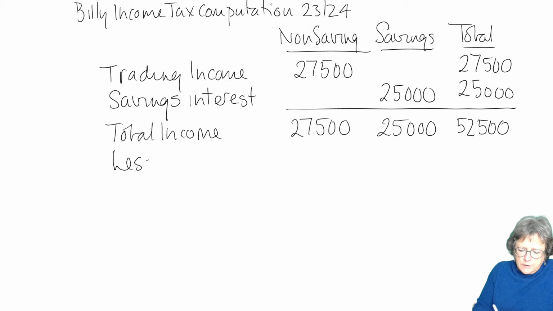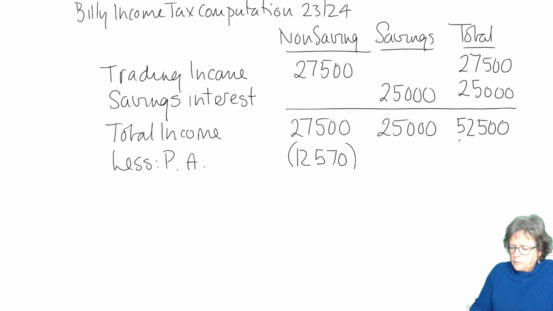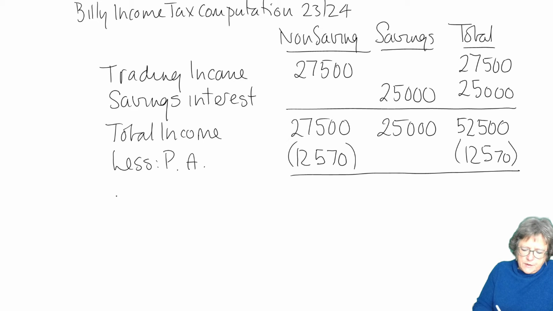Less personal allowance. I'll get it right this time. Put the lines in. This is now his taxable income.